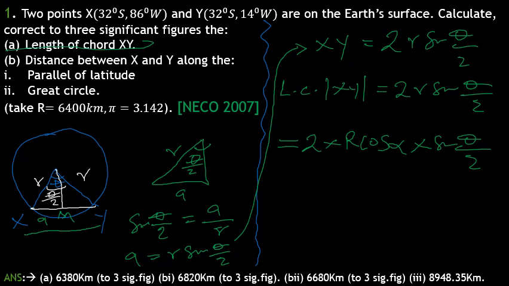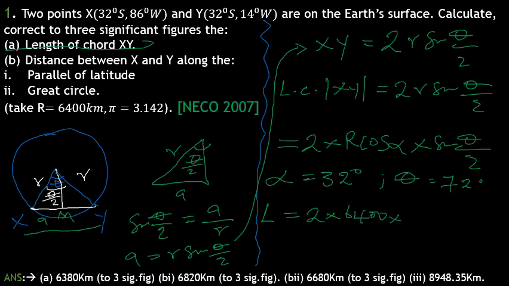Okay, so if our alpha is 32 degrees, you remember, and theta is 72 degrees, can we now plug in the values? The length that we're looking for is now 2 times 6400 times cos 32 times sine 72 divided by 2, which is 36.